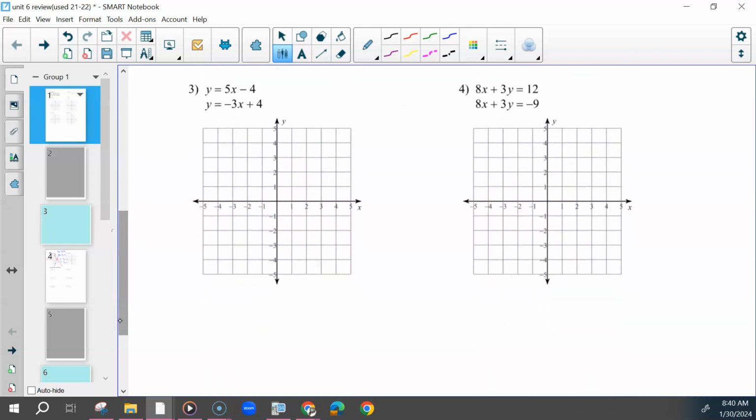So again, solve both equations, get rid of 8x. And then divide everything by 3.